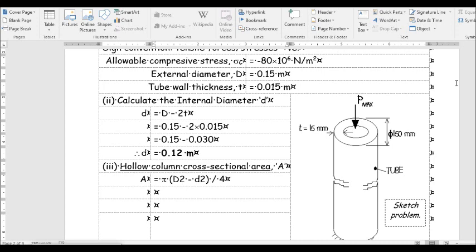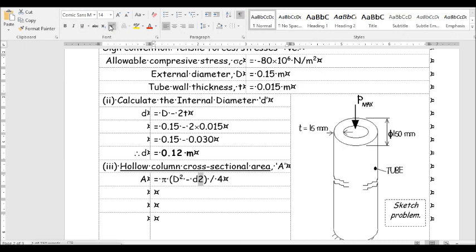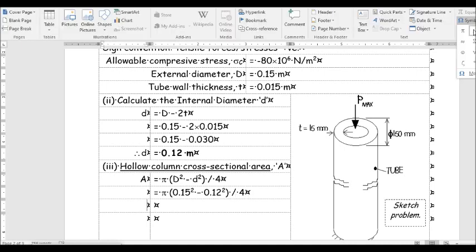I'm writing the formula on one line here. Don't forget I need to use superscripts for my squared terms. And again on the next line I simply insert the values. So inserting 0.15 for the outside diameter, 0.12 for the inside diameter, I can calculate the cross-sectional area, capital A. Just going to state the value this time.